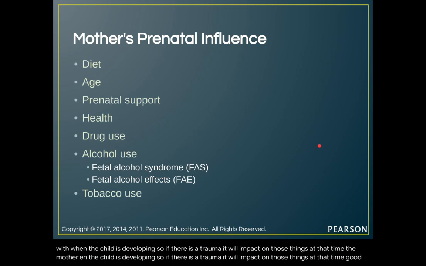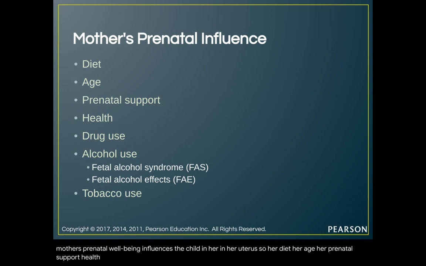The mother's prenatal well-being influences the child in her uterus. So her diet, her age, her prenatal support, health, drug use, tobacco use, all of those things will have an impact at the time that it's hitting. In the screen before, we showed what's developing at what time.